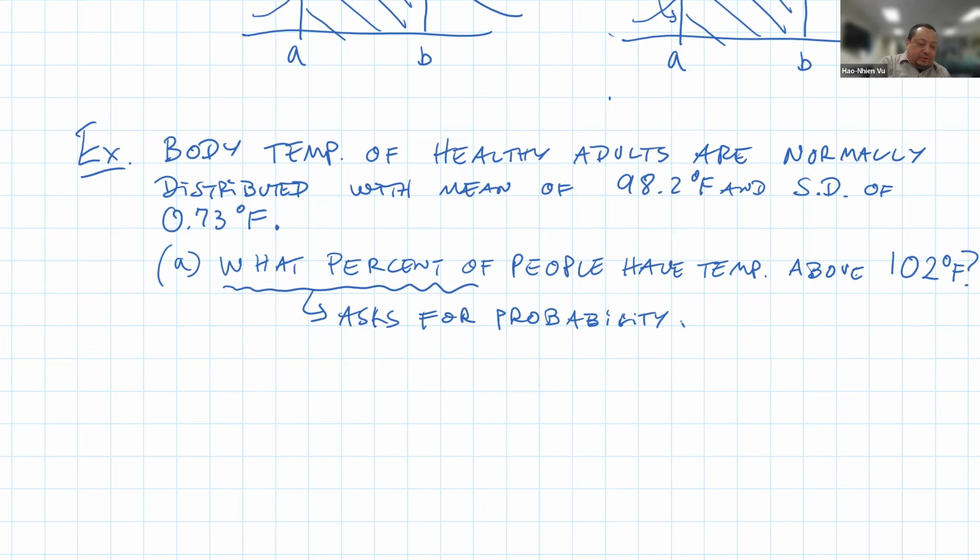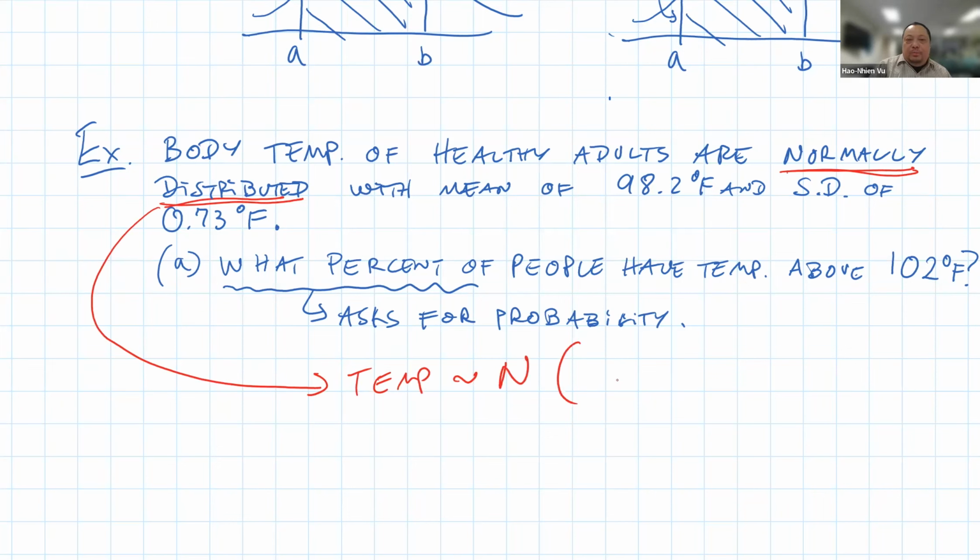Okay, all right, so let's answer this. So first we notice that it says normally distributed. So that tells us that the temperature is normally distributed with some kind of mean. And we look it up, it says 98.2, and some kind of standard deviation.